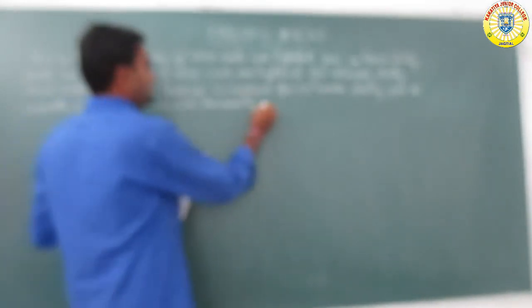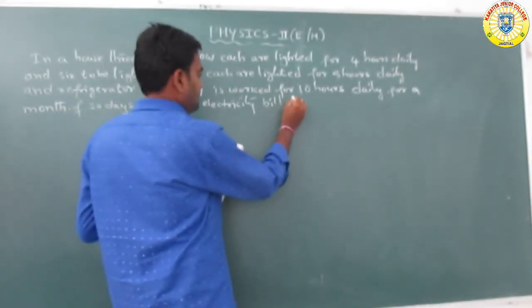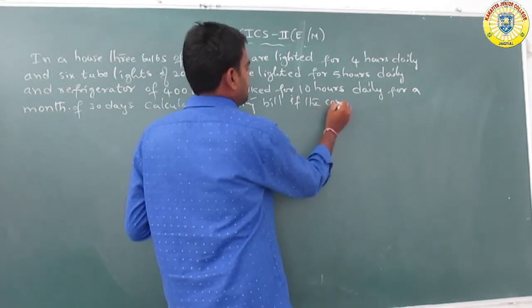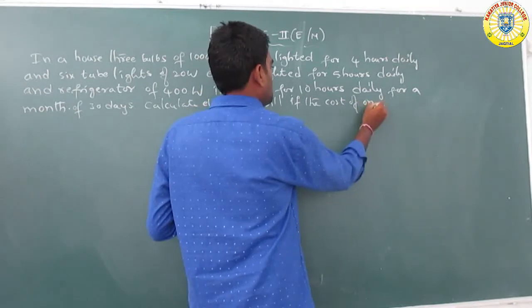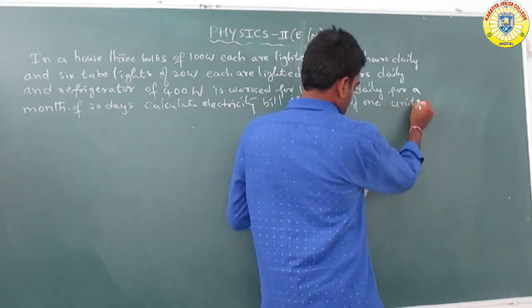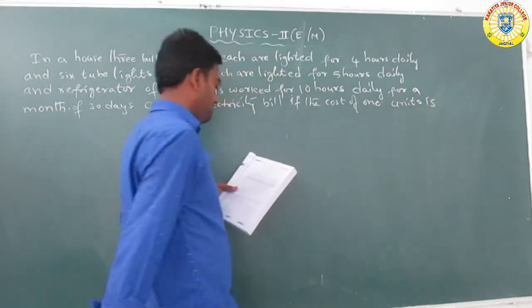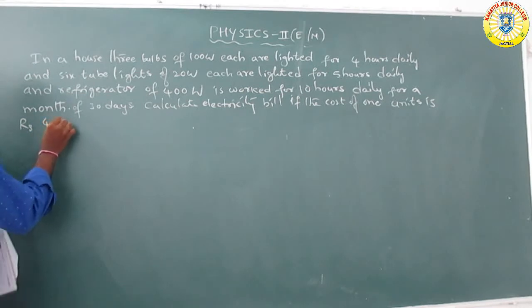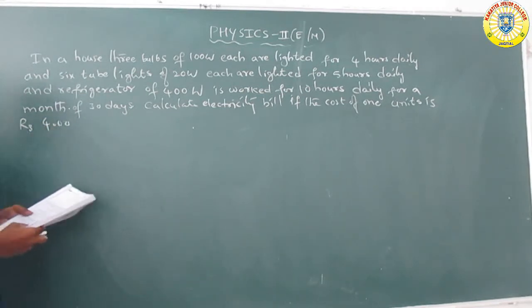Calculate the electricity bill if the cost of 1 unit is 4 rupees. Okay, 4 rupees.